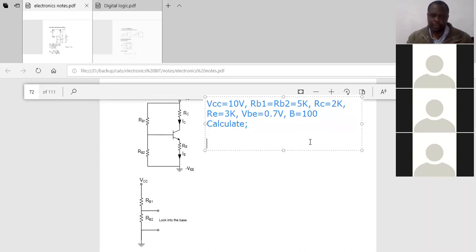So I will start from the formula of VRB2, which is equal to VCC times RB2 divided by RB1 plus RB2.